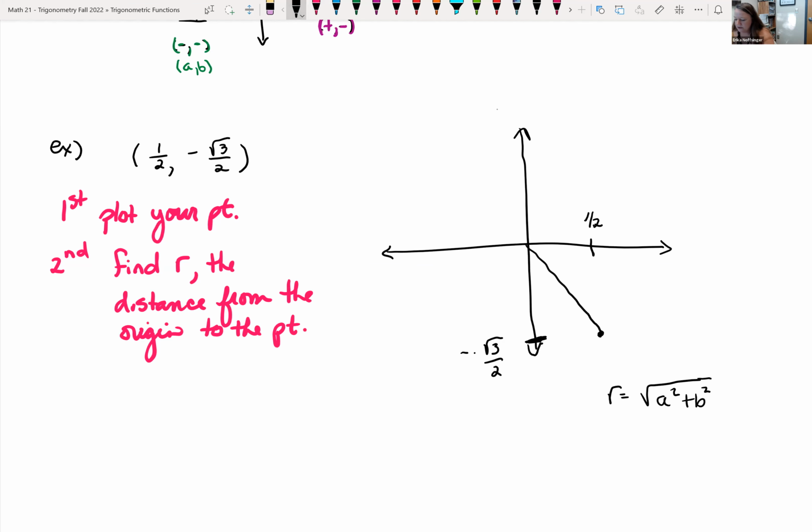In our case, r is equal to the square root. Our x value was 1/2, so we're going to square 1/2, plus negative √3/2, that's our y value, and we're going to square that.